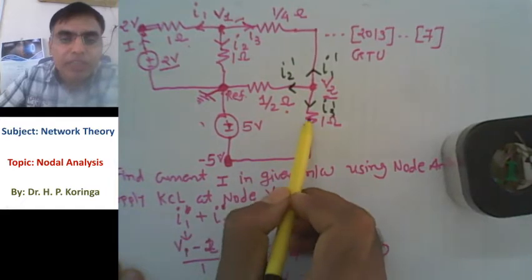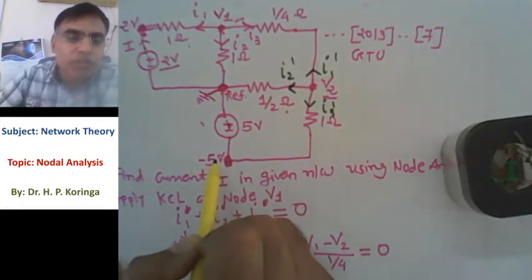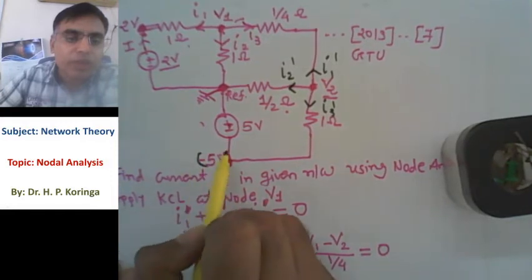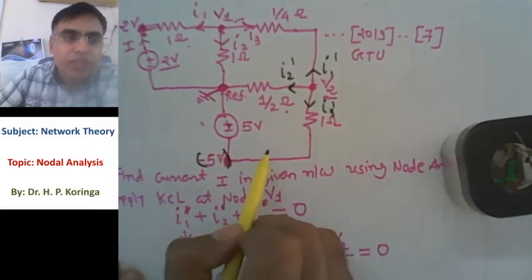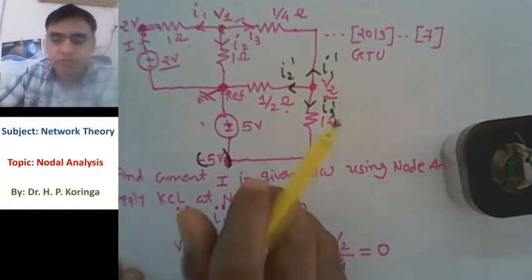And for I3 dash, it is V2 minus this node voltage, which is minus 5, so (V2 minus 5) divided by 1.